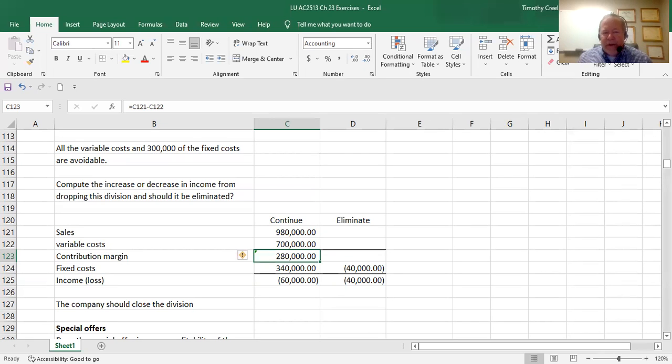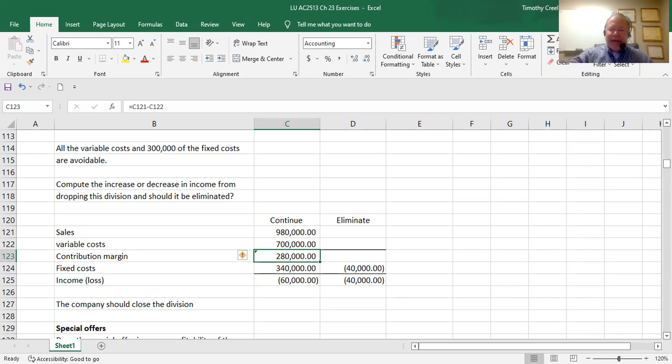Another qualitative, or non-numbers, aspect is: does this store affect other areas of your business? For example, if it's an outlying store, does having that store increase your online sales in that area? And if you close that store, would your online sales suffer or go down? Or what if Walmart decided to close sporting goods? Now you have to walk to the very back to get to sporting goods.